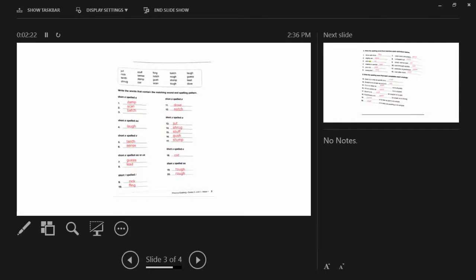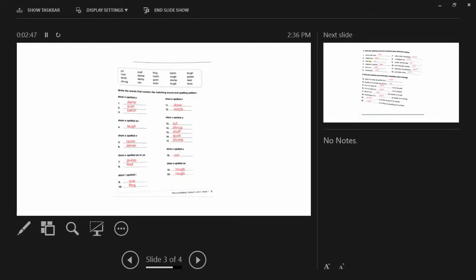Now page number 3, we discuss number 1 which includes short A spell A: damp, scan, bait, for, laugh, and 5th and 6th short E spell E: tenth, sense. Short E spell E-A or U-E, number 7 and 8 with guess and lid.